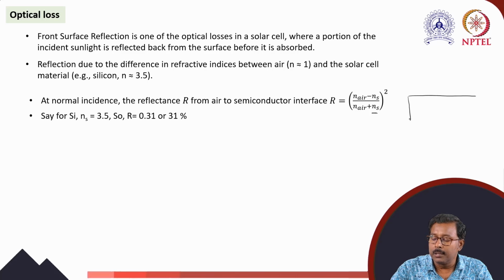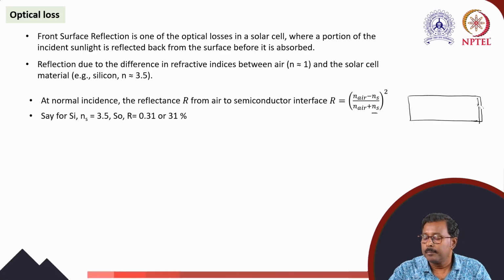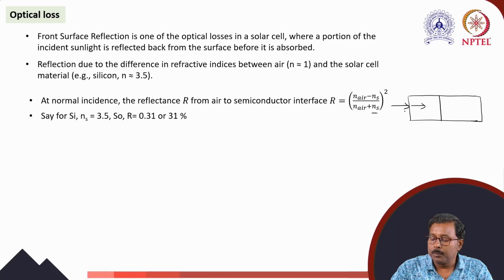Let us draw here the picture. This is the PN junction solar cell. Incident light, this portion is entering and R is reflected back. So 1 minus R is incident into the device.